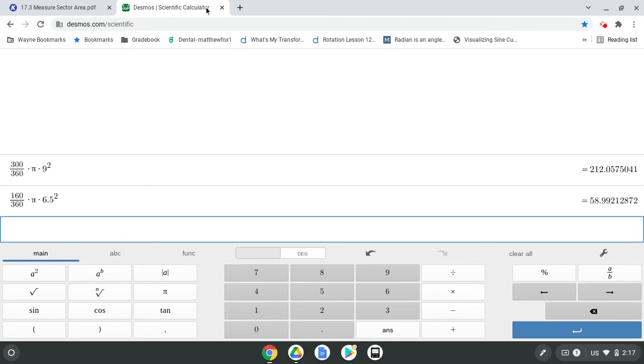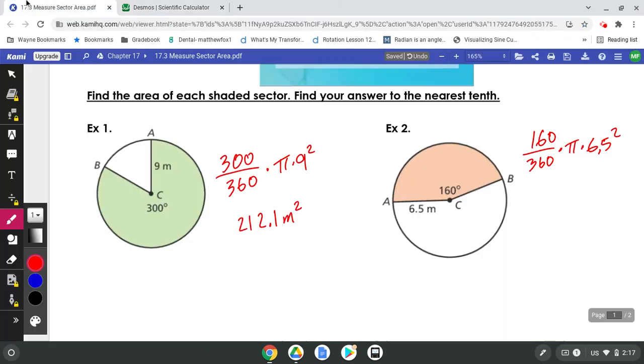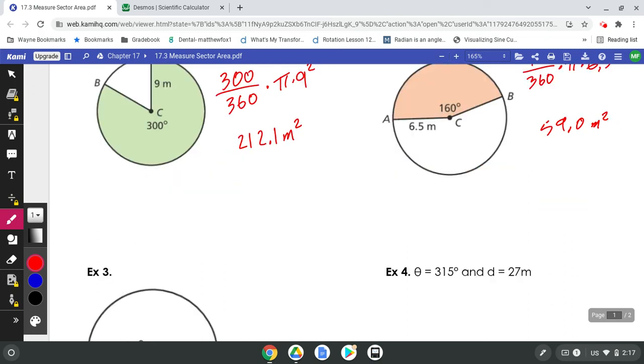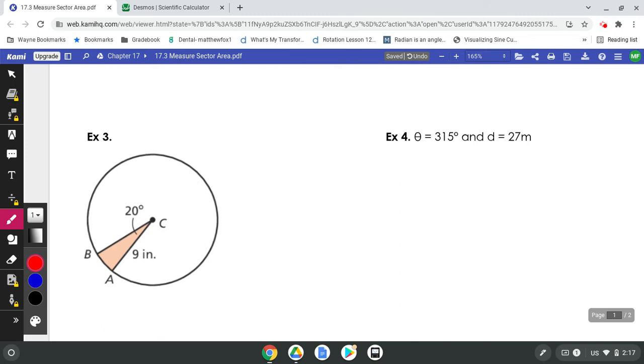Okay, so 58.99, if we round to the nearest tenth, 59.0. Once again, don't forget, since it's area, it will be meters squared. Example 3, same exact thing. 20 over 360 times pi times 9 squared. We're going to skip that.